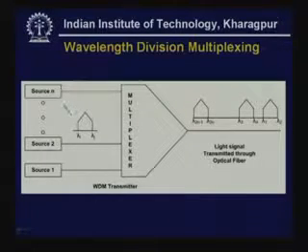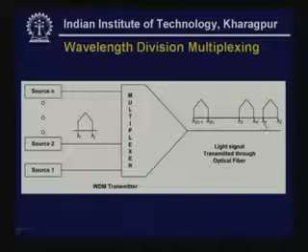Here again we have different sources, and they are modulated with different carrier frequencies or wavelengths, as you can see. The bandwidth, in terms of wavelength, of a particular source i is from lambda i to lambda j.